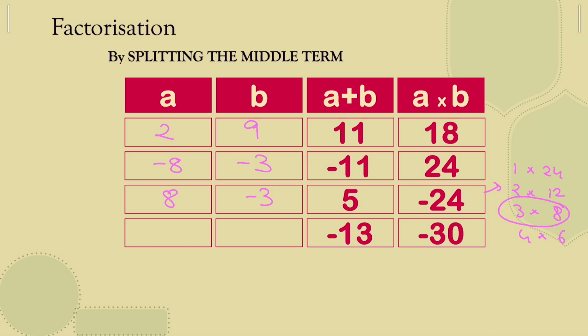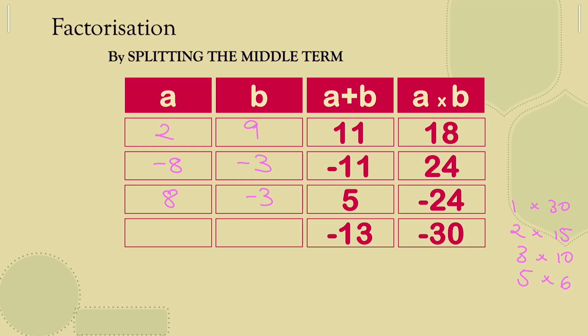The sum and product both are negative. Product negative means one factor is negative. And the sum negative means the bigger number is negative. So to get the product of 30, the factors are 1 into 30, 2 into 15, 3 into 10, 5 into 6.